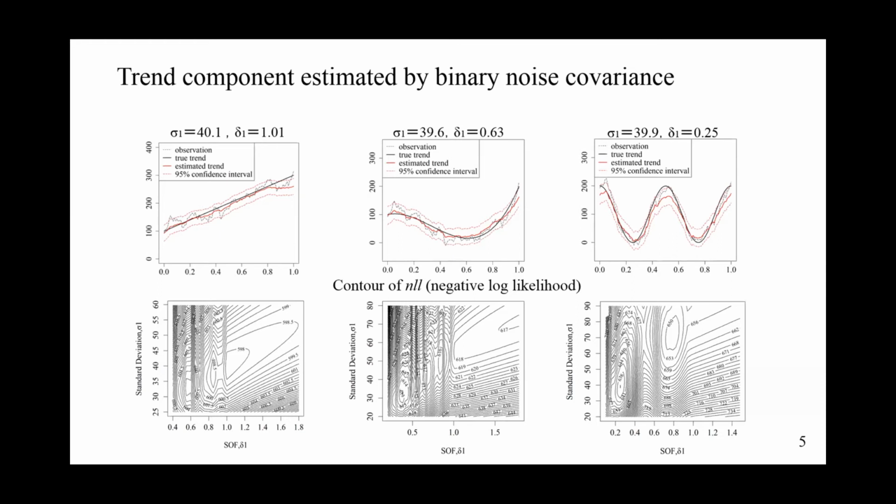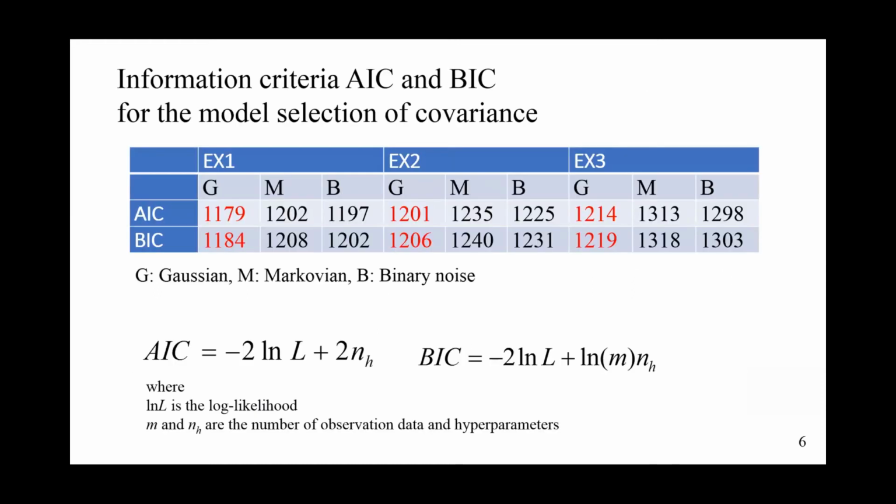Looks good. But let's select in terms of information criteria, AIC or BIC. Information criteria are often used for model selection, so let's use them for model selection of covariance functions. Examples 1, 2, 3, and GMB.